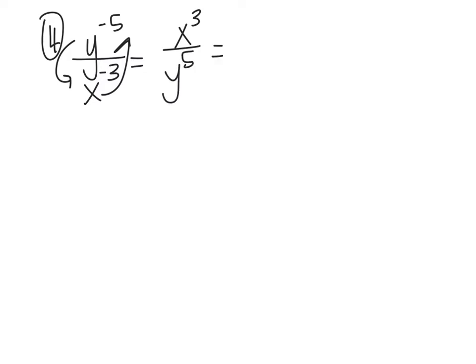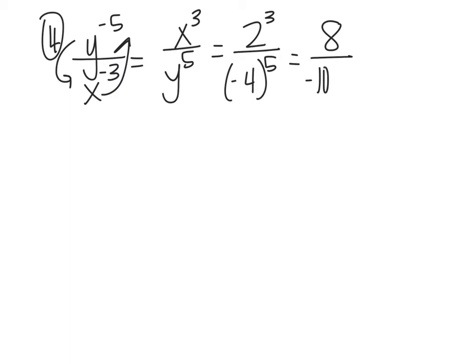X to the 3rd is 2 to the 3rd, because it tells you in the problem, and look on your review, that x is really going to be 2, and y equals negative 4, so we're going to replace y with negative 4 to the 5th. 2 to the 3rd is 8. And negative 4 to the 5th power is negative 1024. And then both of those numbers will reduce by 8. And I get negative 1 over 128, which is C.